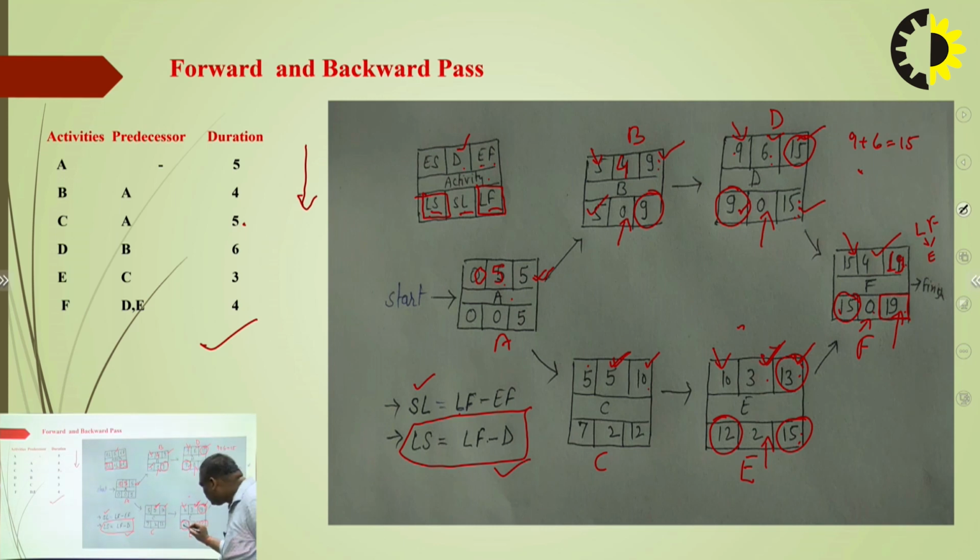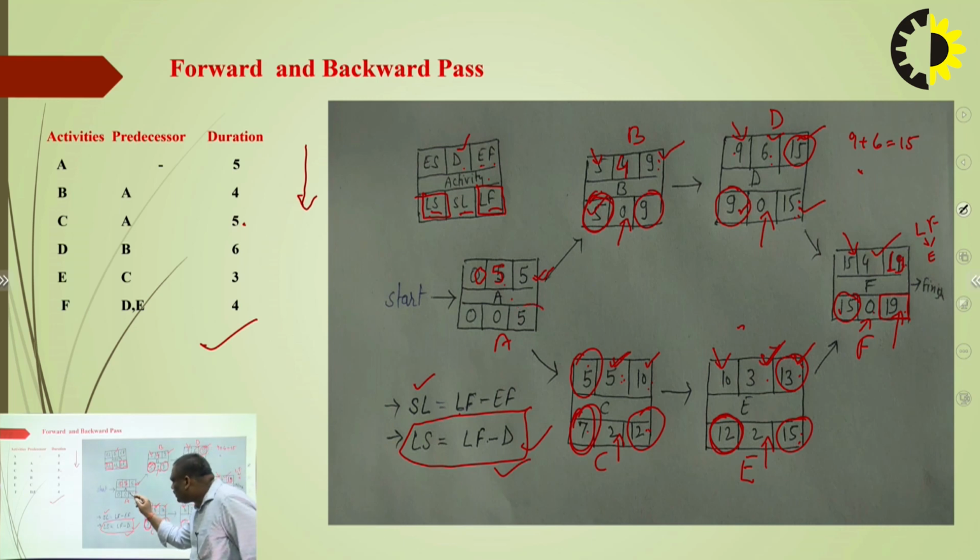In a similar way, this latest start is equivalent to the latest finish of the C activity. The difference between LF and the duration of the C activity, 12 minus 5, is 7, which is the LS with the help of this formula. The float value of C is the difference between 12 and 10, which is 2. We see here we have two values, 7 and 5.